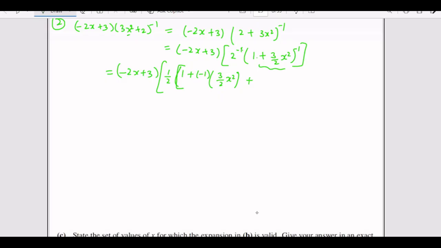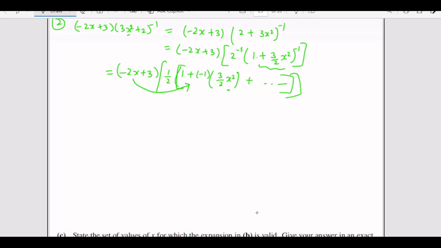We are done with nx. Then the next terms, I think we need not write. Now you see why: if you multiply this to the inside of the brackets, you are going to get an x cubed term here, right?